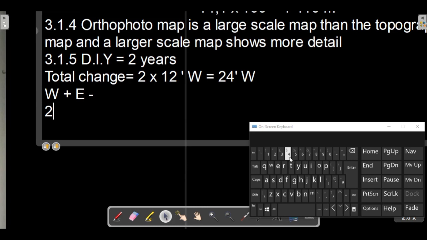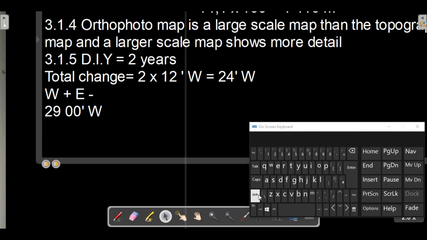So we're saying that it's 29 degrees 0 minutes westwards, and of course we add the total change, which is 24.